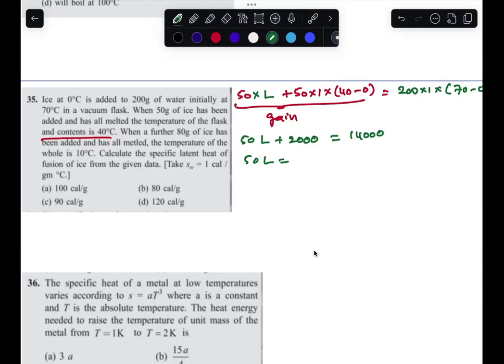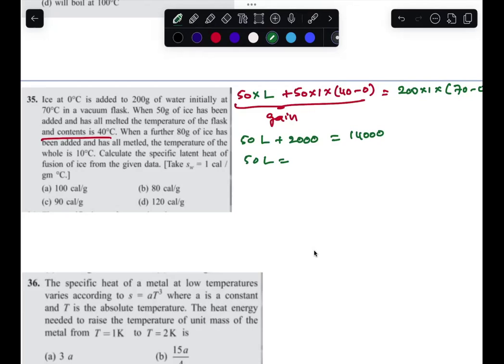The last part is you have 50 grams of water at 40 degrees centigrade plus 200 grams of water at 40 degrees centigrade. So 250 into 1 into 40 minus 10, plus, don't forget, the calorimeter is also at 40 degrees centigrade, falling down to 10, which is again 30C. Equation 2.